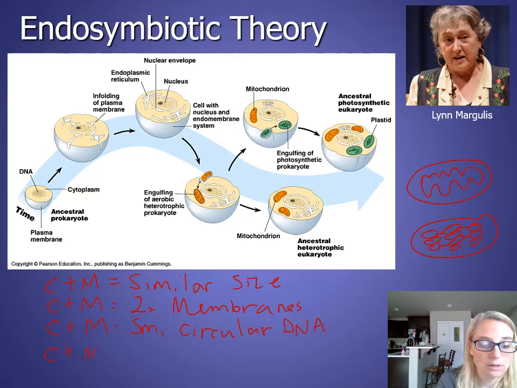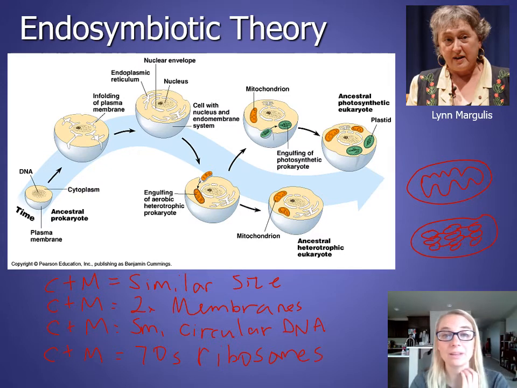Chloroplasts and mitochondria also contain 70S ribosomes within their structure. So they have basically all the makings of a prokaryotic cell. They have a membrane, they have DNA, they have ribosomes, and they're about the same size.